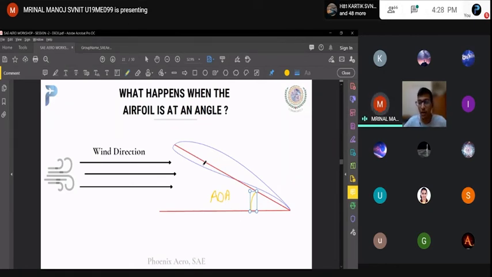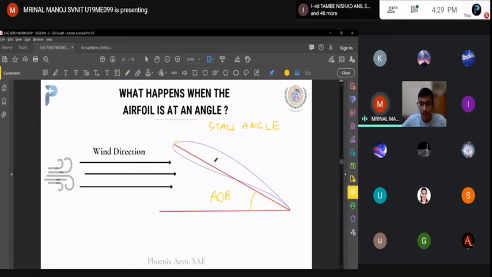That limit, beyond which the airfoil fails to produce lift, is called the stall angle. We know how an airfoil works: you have one layer that comes over the top, and another layer that goes towards the bottom, and they both meet.